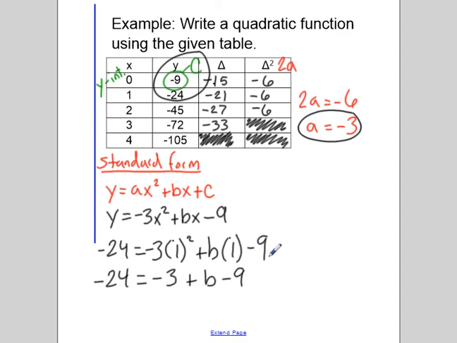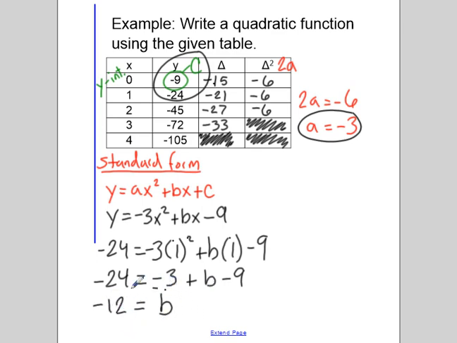The nice thing about picking a point that uses 1 for x is you end up with just a b and you don't have to worry about numbers in front. Let's add 9 to both sides and add 3 to both sides, and that gives us an answer of negative 12.